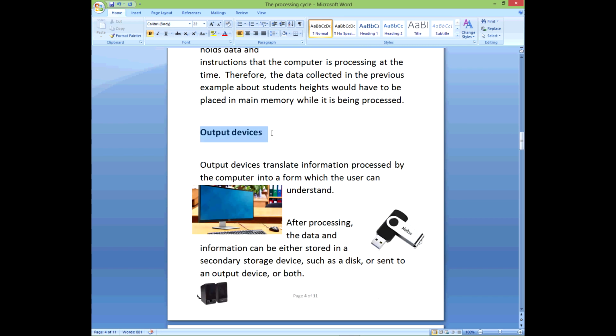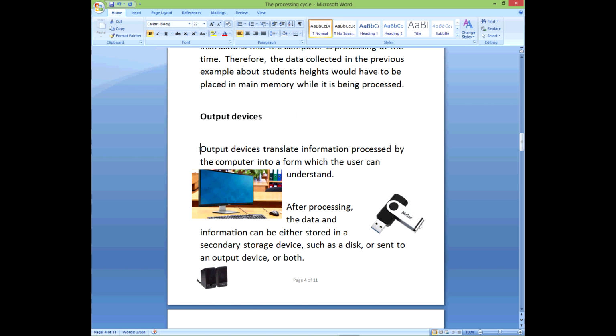Output devices now. Output devices translate information processed by the computer into a form which the user can understand.